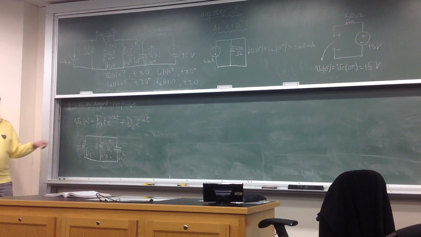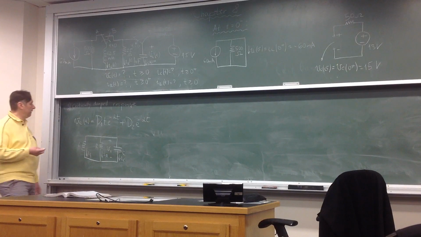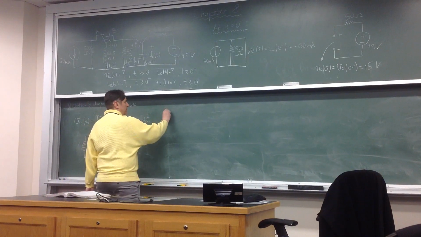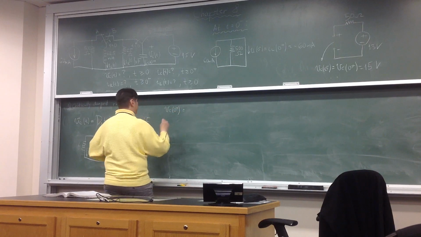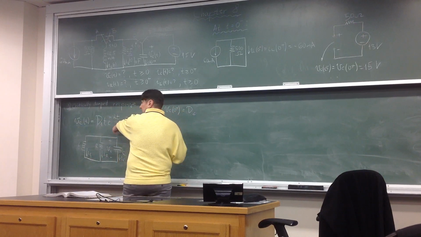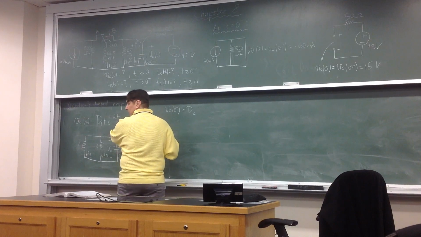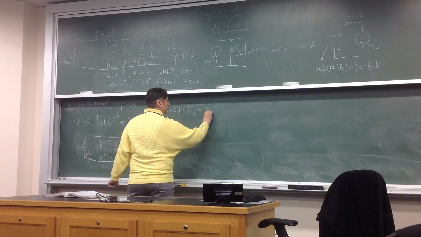You define D1 and D2 in this case. Alpha, you know. So you have two equations. Again, VC0 plus will give you D2. So you plug in 0 in here, you get that's equal to D2, which is equal to 15 volts.